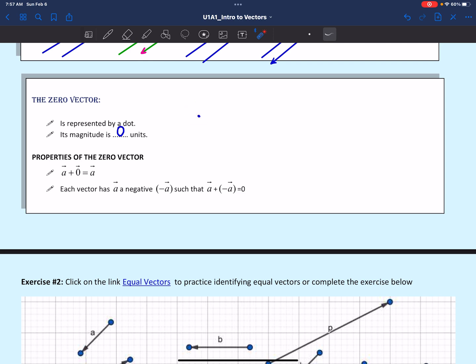So the property of the zero vector is that if you add a zero to a vector, just like when you add a zero to a number, the answer will be the vector itself. Now, any vector A has an opposite vector, negative A. And if you add them together, the sum will be 0.